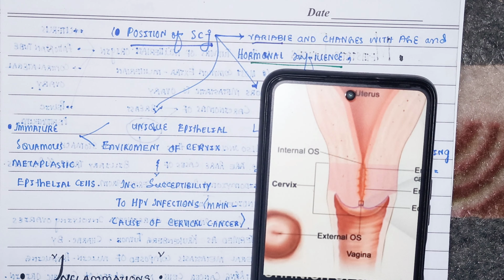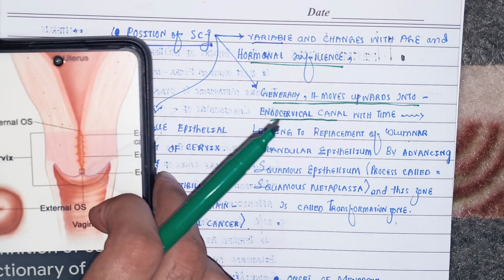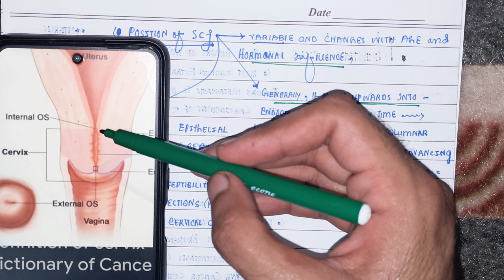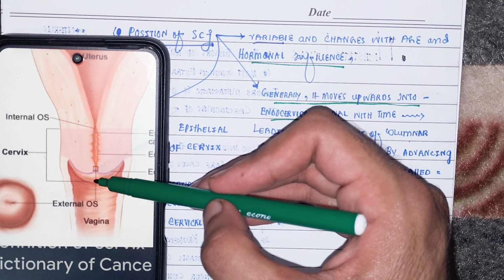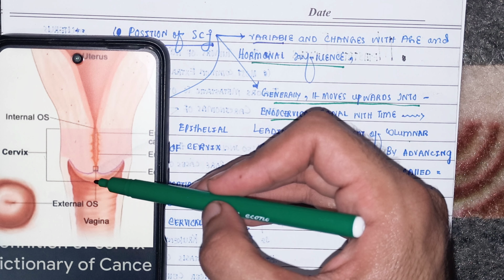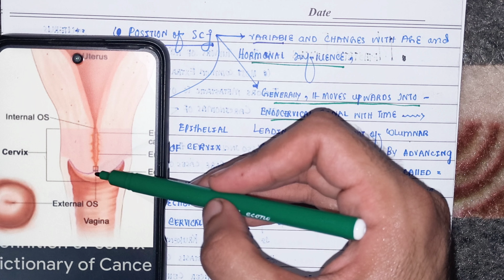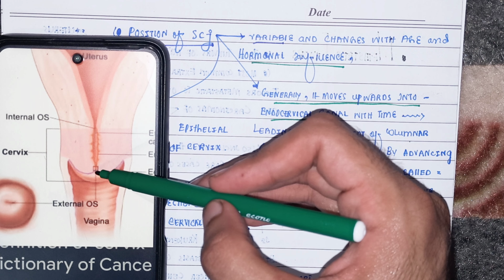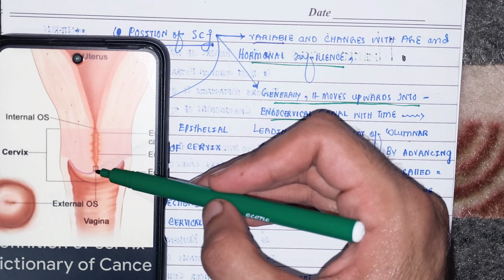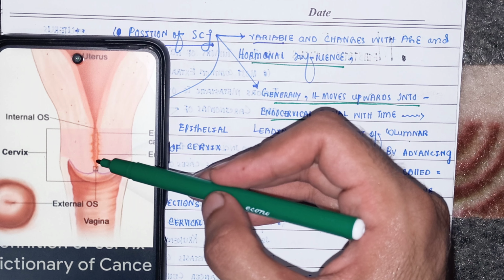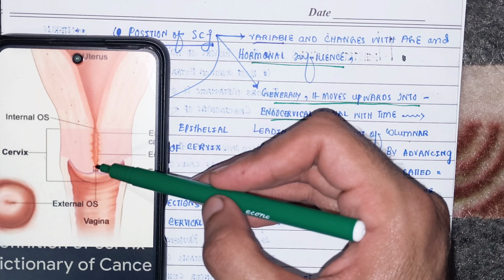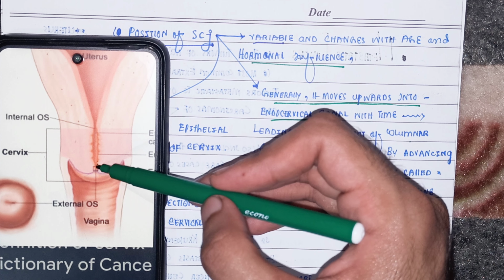This portion is the endocervix, it is lined by columnar epithelium. This portion is the ectocervix, it is lined by squamous epithelium, and this junction is called squamocolumnar junction. The level of this squamocolumnar junction with age goes above, that means the squamous epithelial cells are moving upwards and they are replacing the columnar epithelial cells.